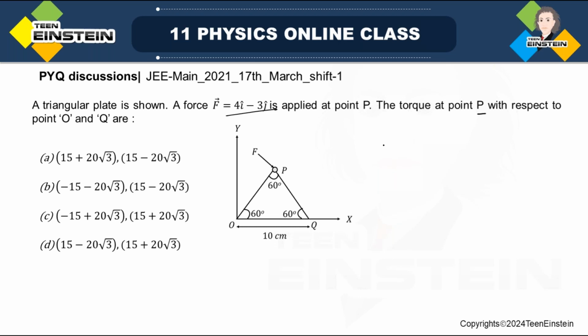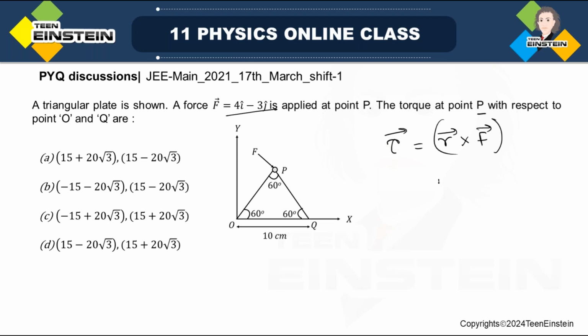So what we know, torque is the force applied. We have to take the cross product, r cross F, where r is the position vector and F is the force applied.